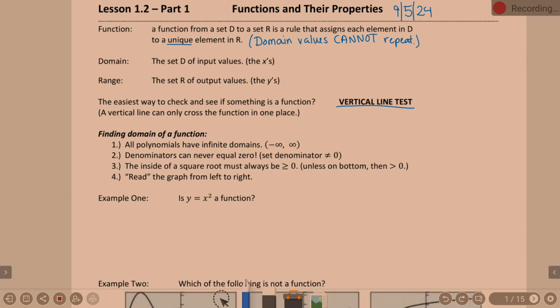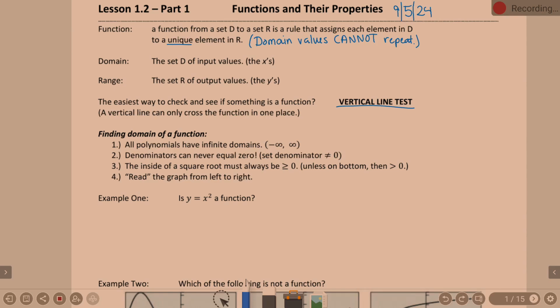So as many vertical lines as you draw, each vertical line can only touch the graph once. If you draw a vertical line and it goes through the graph in more than one spot, it's not going to be a function. Okay? That's the easiest way. If you have a list of x values, you could look and see if any of the domain values repeat, but easiest way is to look at the graph.